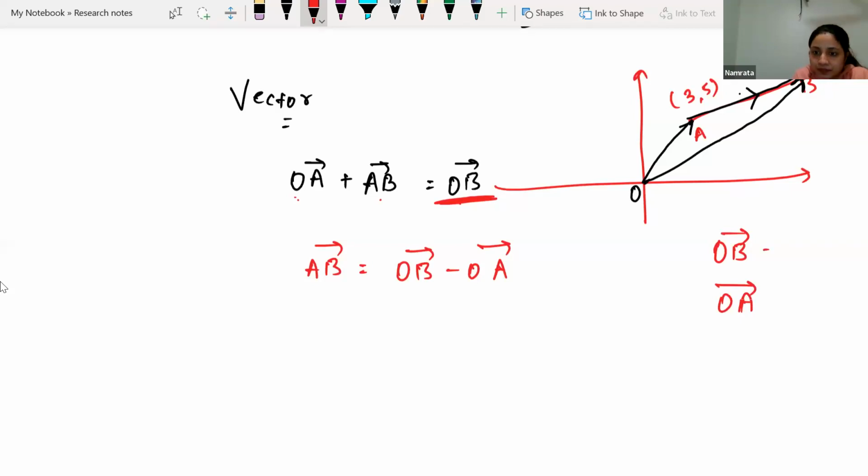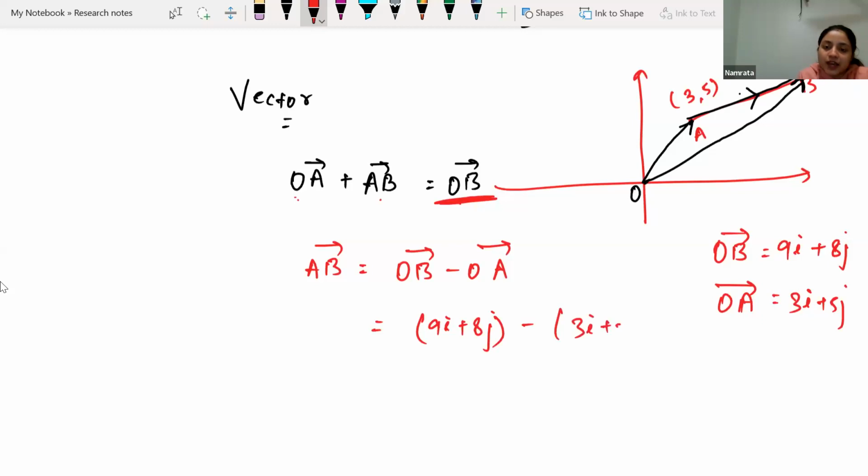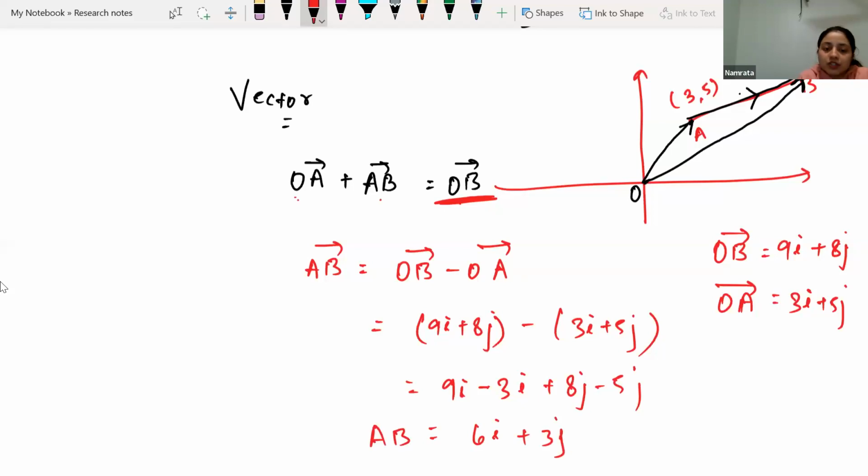Vector OB will be 9i plus 8j and OA will be 3i plus 5j. We can substitute it over here: 9i plus 8j minus (3i plus 5j), now we can open the bracket. So we will have 9i minus 3i plus 8j minus 5j. So it will be 6i plus 3j. This is our equation of line AB in vector form.